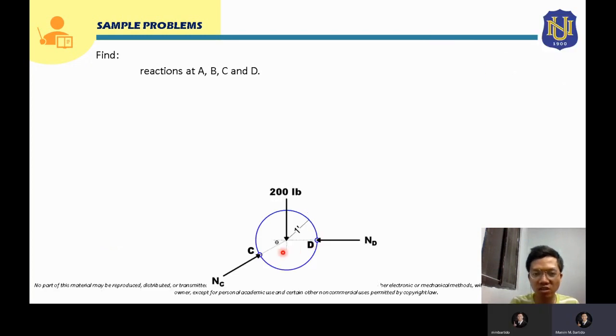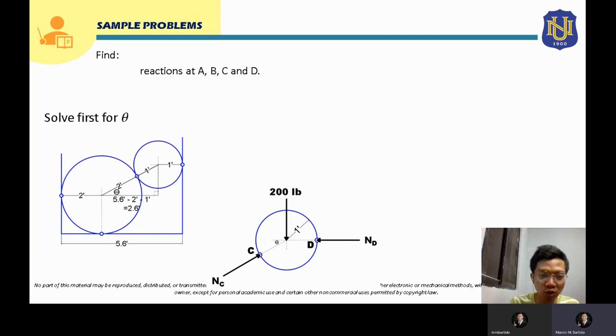Before we can start solving the free body diagram of the small cylinder, we have to solve first for this theta, which is unknown. We can solve this using the geometry of the figure.